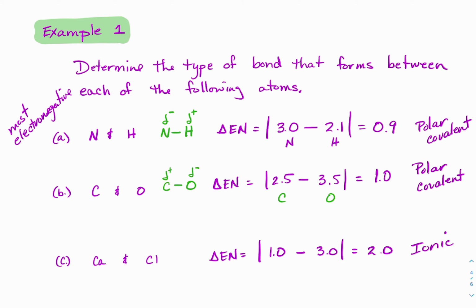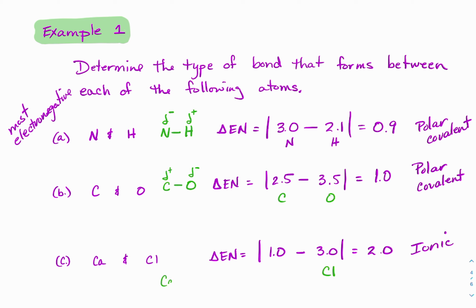We don't write calcium and chlorine with bonds like we saw for the polar covalent bond, but we can determine which will become the cation and anion using this same method. The one that has the higher electronegativity will become the anion out of the two ions that form that compound.